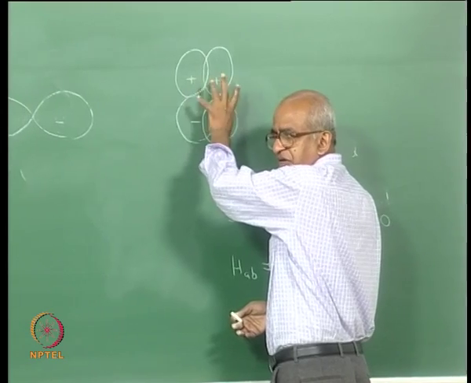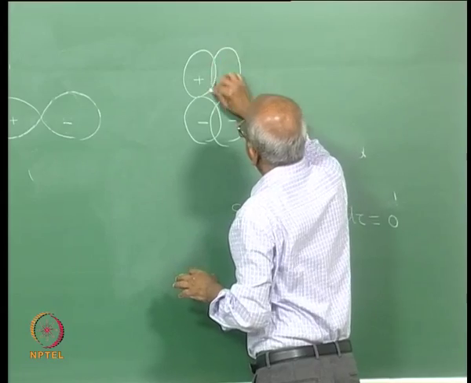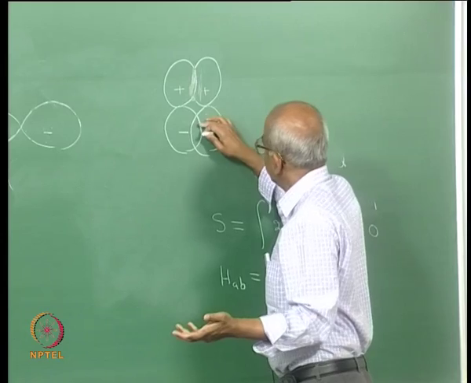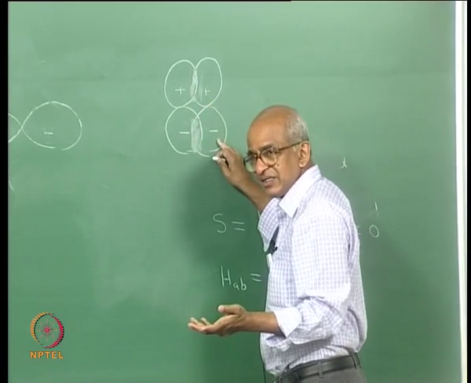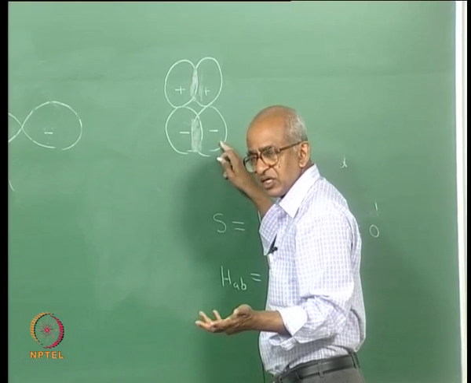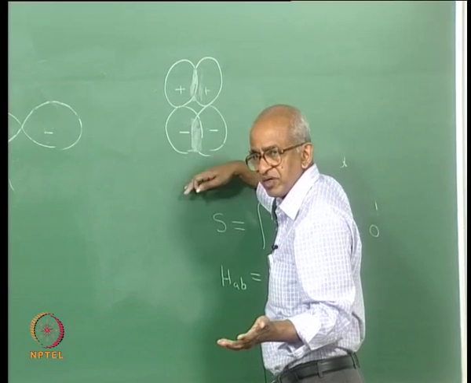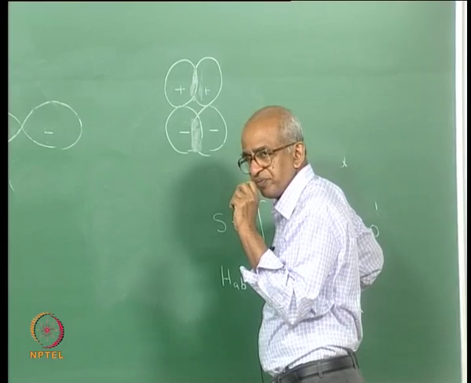So, if we try to calculate the overlap integral, what will happen? These two will multiply and you will have a region here from which there will be a positive contribution. But similarly, what will happen? You will have a similar region there where again the product, because both the functions are negative, is going to be positive. So the product is actually positive everywhere, as a result of which the overlap integral will be non-zero, right.